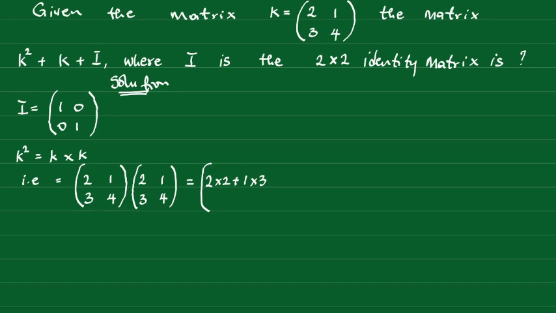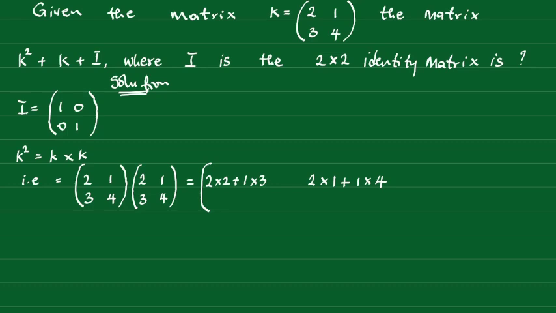All right. Now we proceed further, and we have 2 times 1 plus 1 times 4.